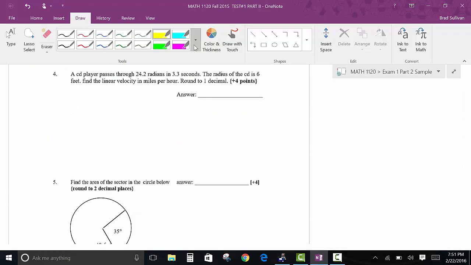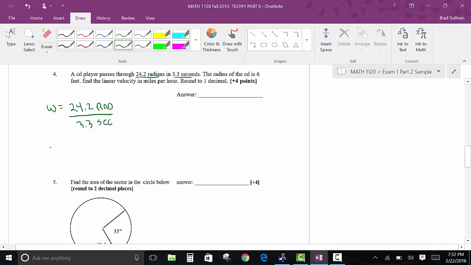Now for number 4, I'm basically giving you that the CD player passes through 24.2 radians in 3.3 seconds. Now see, that is an angular velocity because the units for angular velocity are radians per second. So omega stands for the angular velocity. So we're going to say 24.2 radians out of 3.3 seconds.